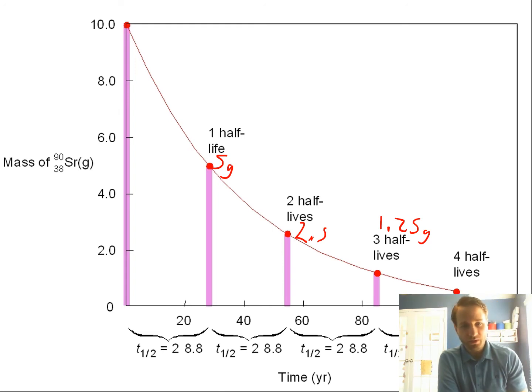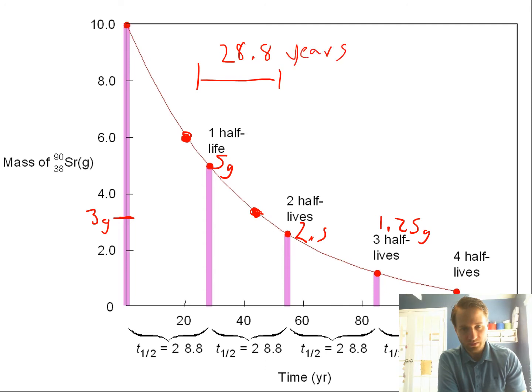If I instead started out with, say, 6 grams initially, then to get to 3 grams, if I measure the distance between them, this is going to be 28.8 years. So the half-life for a first-order reaction is independent of what the total concentration is at that point in time.